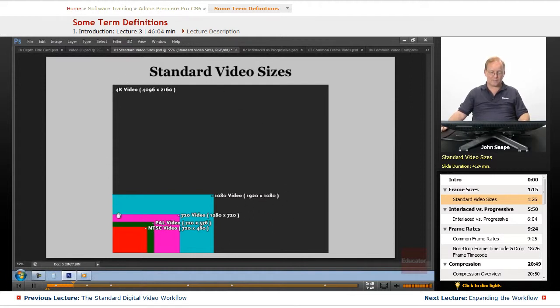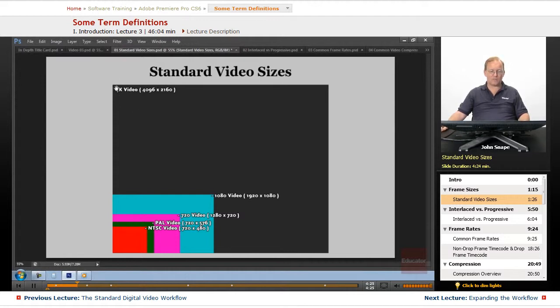And then we have this big gigantic, there's one in between, 2K, which would be about a quarter of this size. But the big one now is 4K video, which is 4096 by 2160. And you notice that these ones go by the width instead of the height. So you have 2K video, you have 4K, and now there's even 5K coming out, which would be 5192, I believe, by 27 something, 26 something.